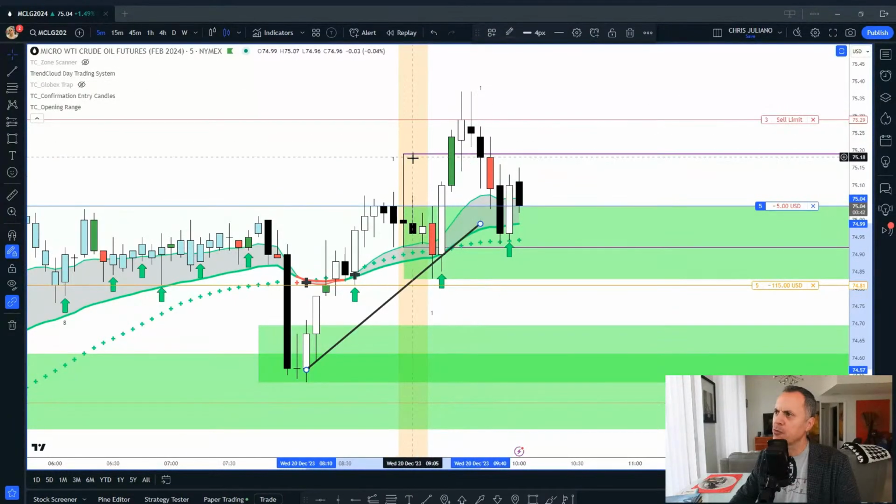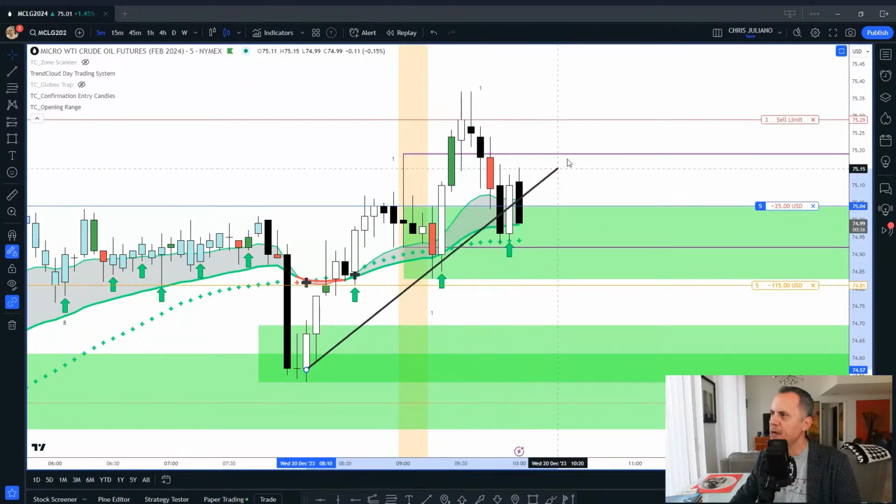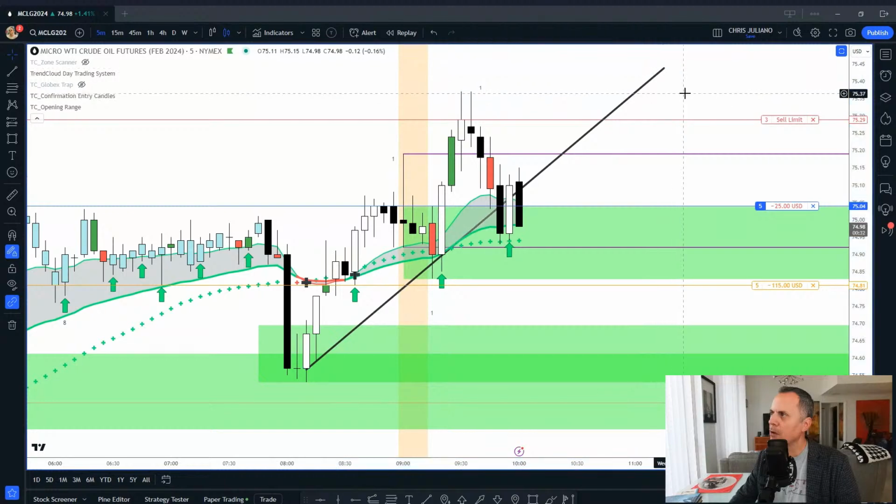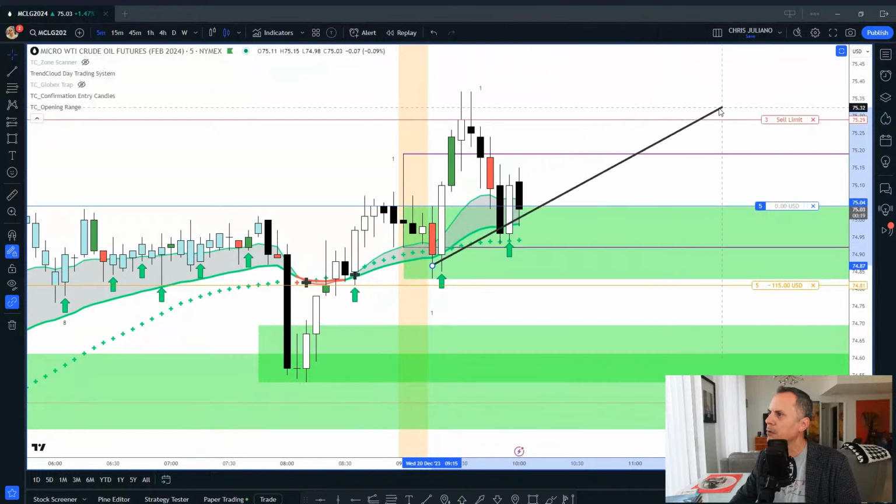Once we broke through this structure, that gives us the green light to use this as the body. So if this breaks through this structure here, then we can shorten this and go from here to here.